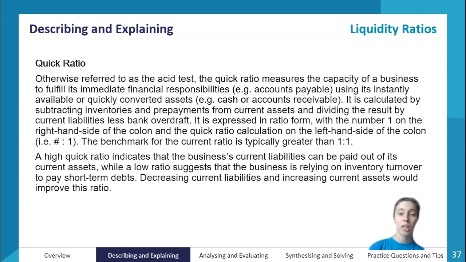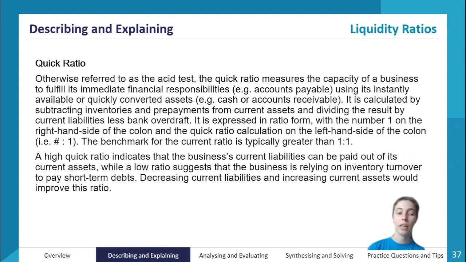Either instantly available, so they're right there, like cash in hand or cash at bank. The business already has that money that they can use, or quickly converted assets. So, for example, accounts receivable has to be converted. The business has to get that money from the accounts receivable before it can then use it.